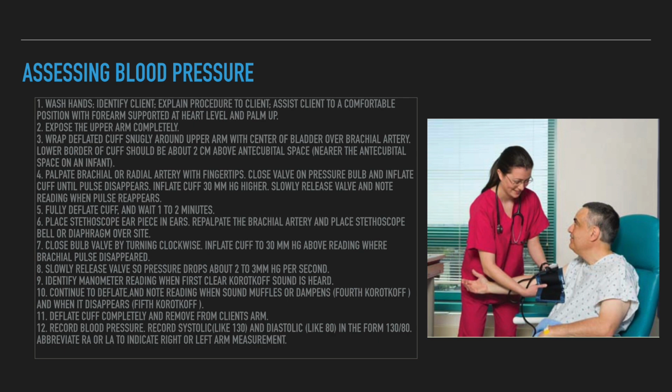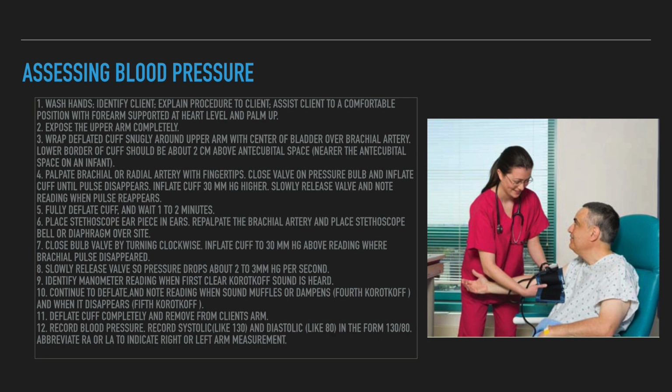Continue to deflate, and note reading when sound muffles or dampens, 4th Korotkoff, and when it disappears, 5th Korotkoff. Rationale: American Heart Association recommends using the 5th Korotkoff sound as diastolic pressure in adults, 4th Korotkoff in children. In adults, if 4th and 5th Korotkoff are 10 mm Hg or greater apart, note all 3 readings.